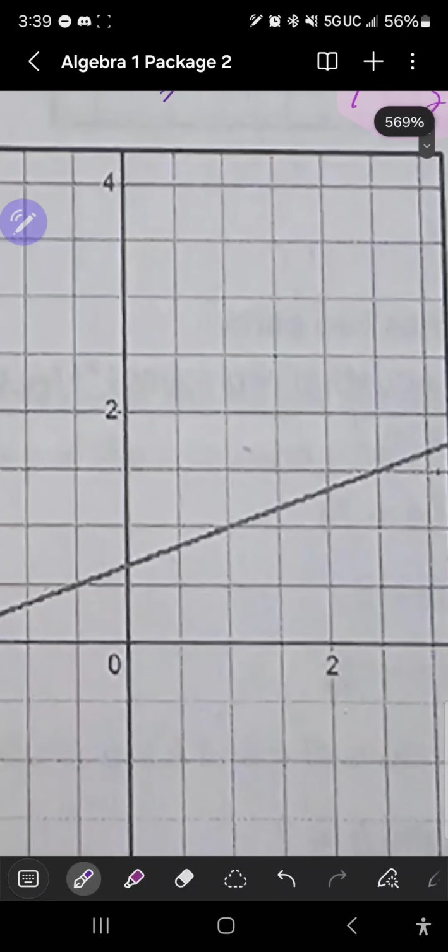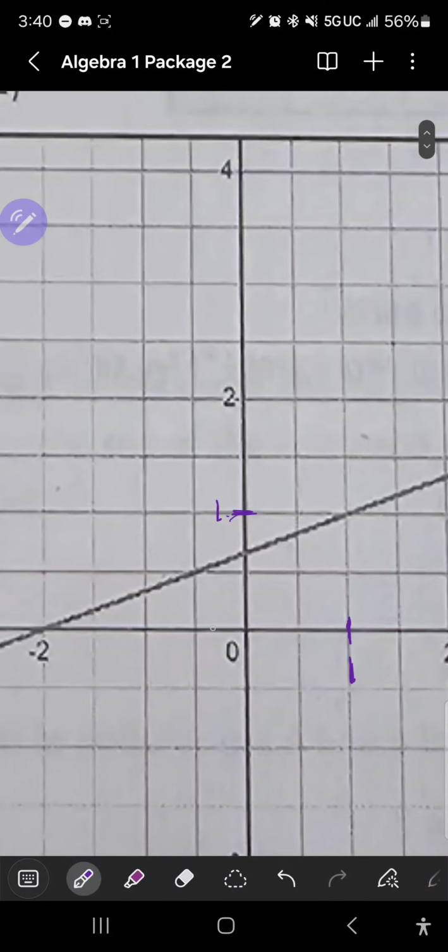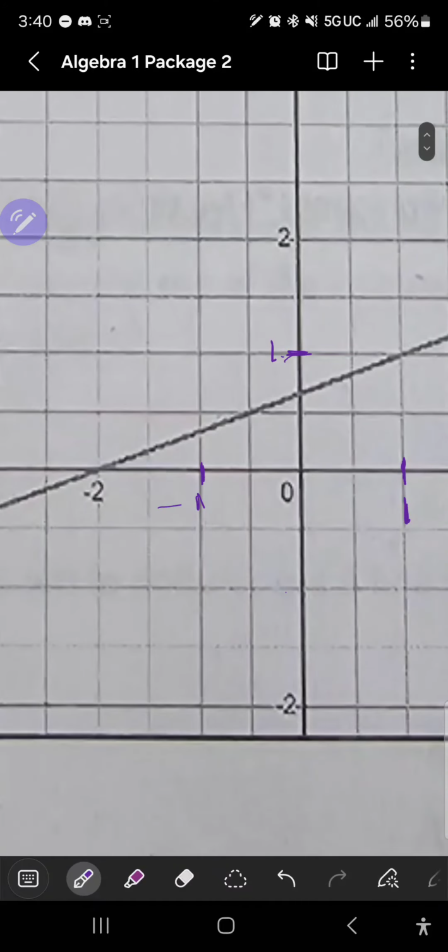Now, in this case, it's also the same. Every square is going to be 0.5, as you see here. 4 squares are 2, so this is basically 1. This is 1. This is negative 1. This is negative 1.